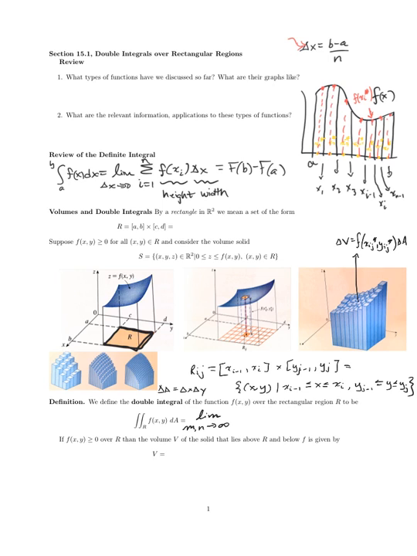Now, by m and n, we're talking about this is your m, b minus a, and this is your n, d minus c.